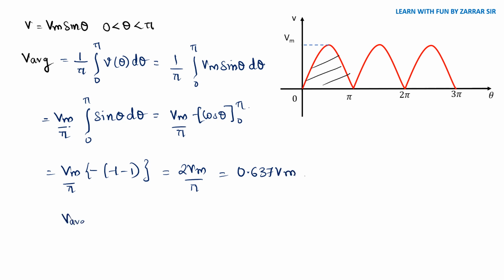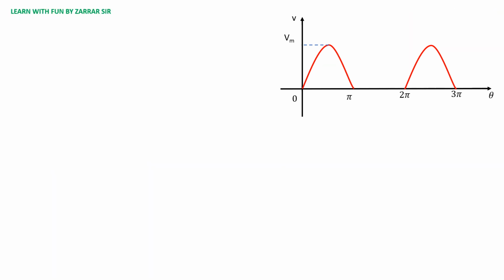So V average is equal to 0.637 Vm. It was a very simple problem again. It is exactly the same as the previous problem. Remember, the previous problem was symmetrical and this is unsymmetrical with the same waveform. Now let's take another unsymmetrical problem, and it's again an interesting problem. Let's look at this problem.